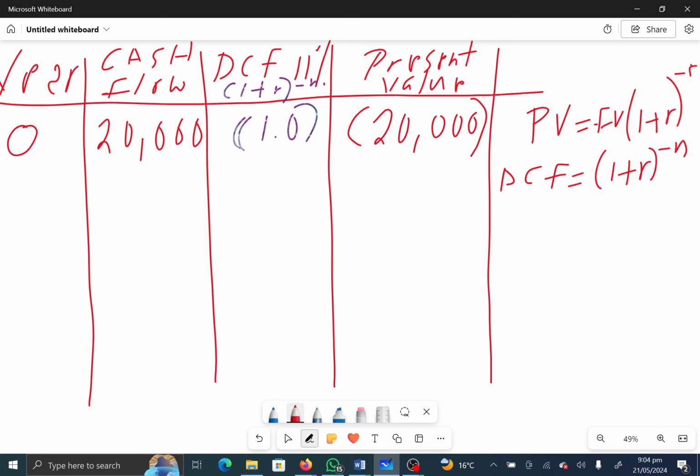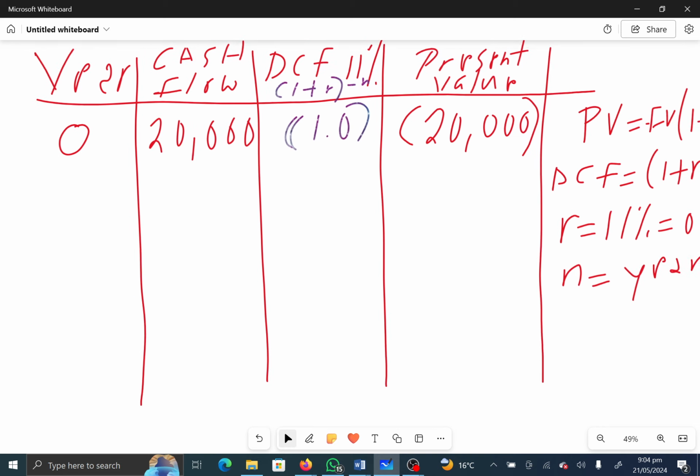Now we know that our R here is 11%. 11% over 100 gives you 0.11. That is our rate. Then the N is the year at that particular instance.